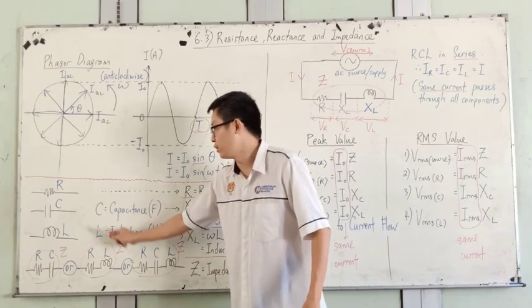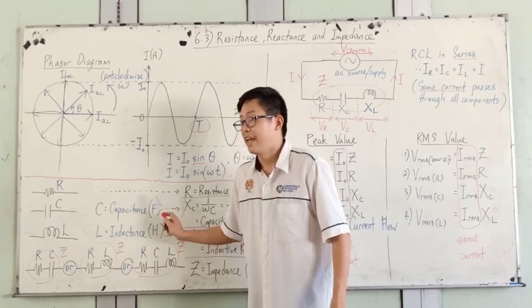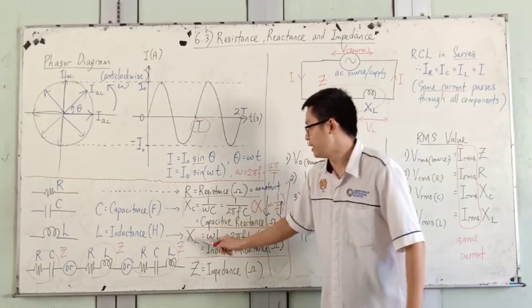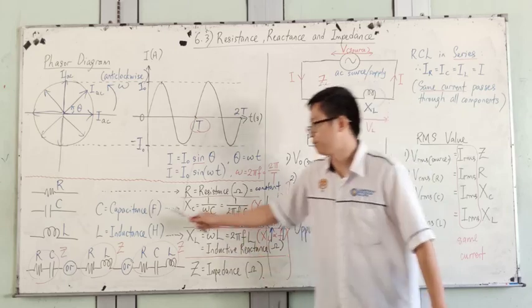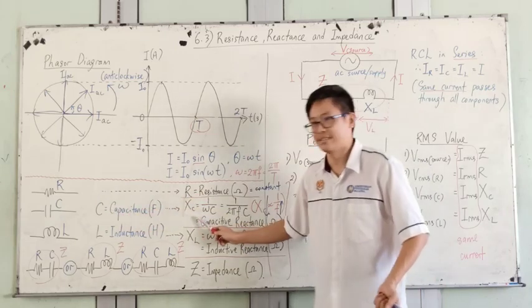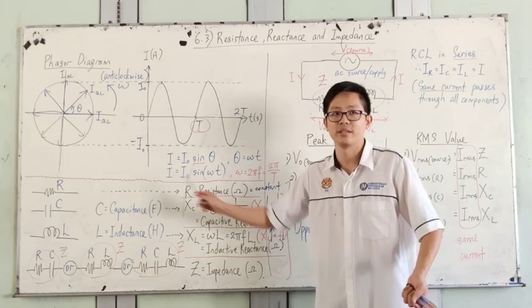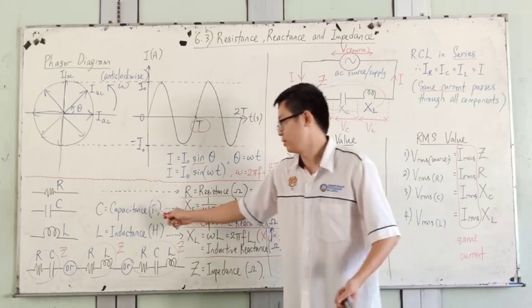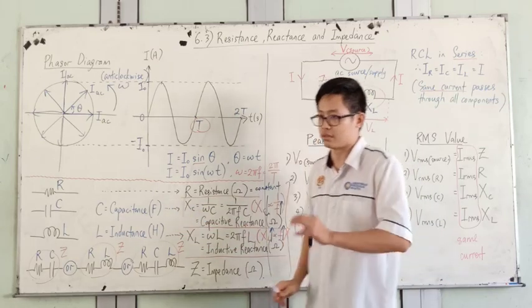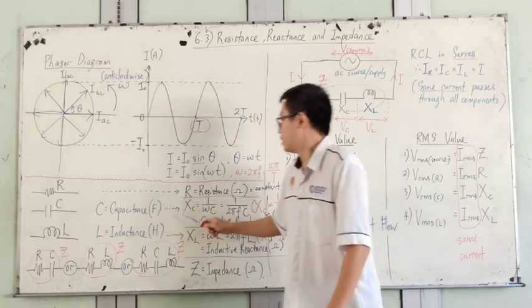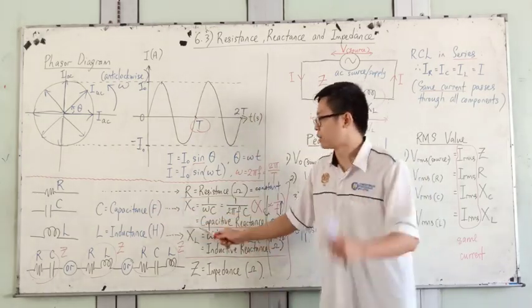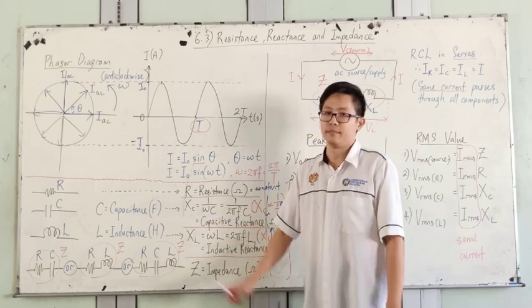Normally the question gives you this value, and you need to calculate Xc and XL on your own. Don't assume that C is Xc straight away. They are not the same thing. Sometimes you assume it as the same thing, which is wrong. Normally the question gives C and L, and then you need to calculate yourselves Xc and XL.